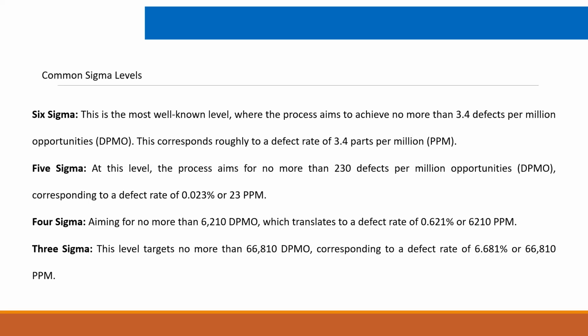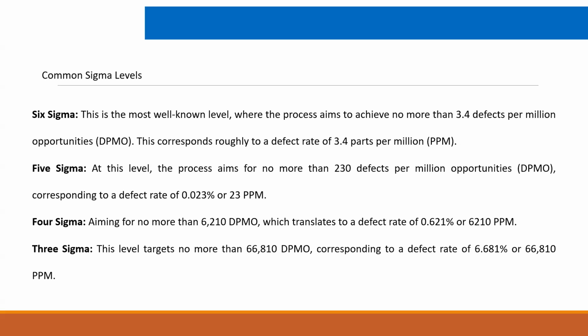We do not allow even 4 sigma, because you can check, it is 6,210 in every 1 million. So 3 sigma has a maximum defect of 66,810 DPMO.